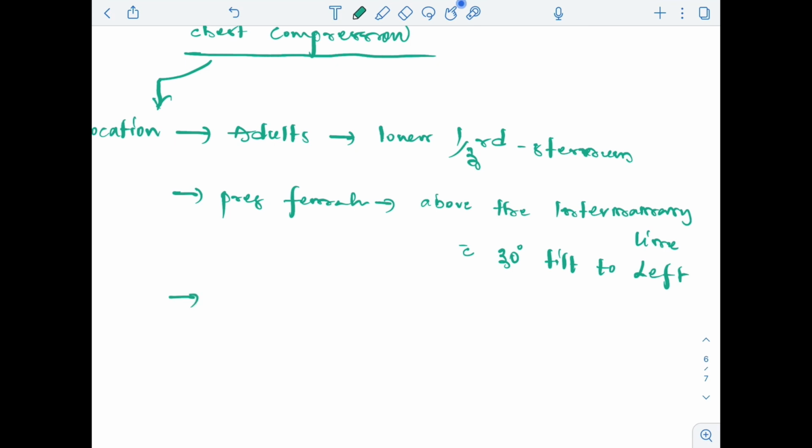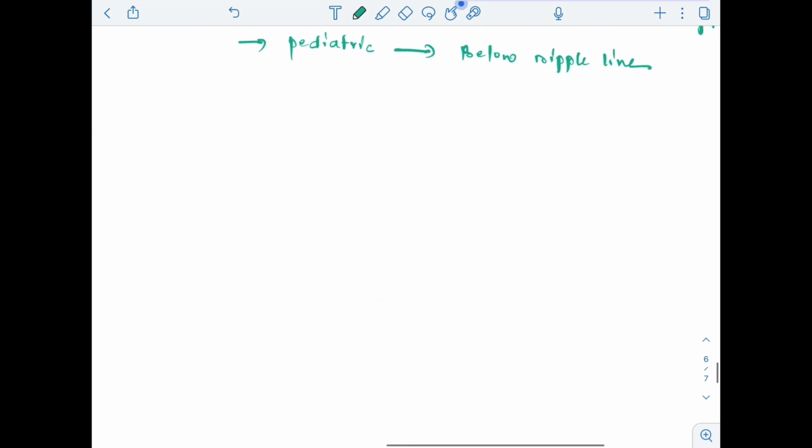If it is children or infants, in the pediatric age group, you should start the chest compressions below the nipple line. These are the locations of chest compressions.